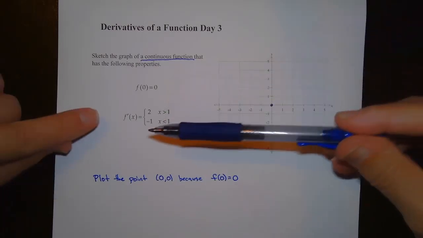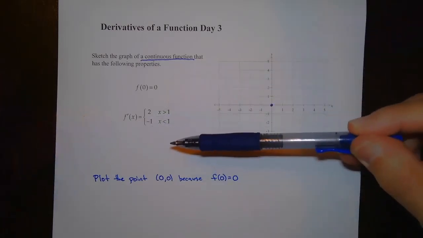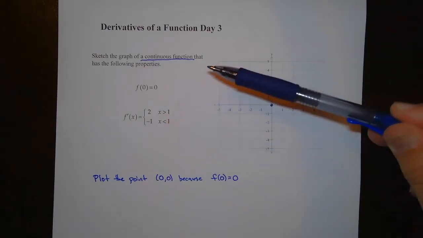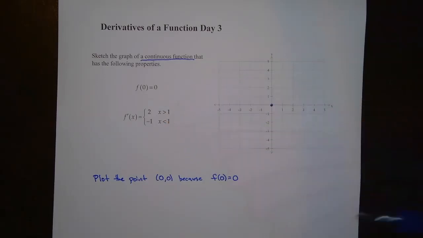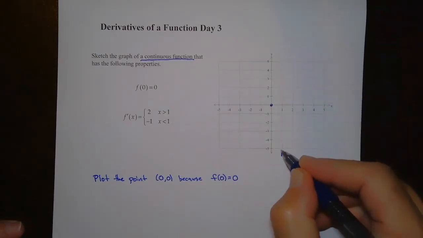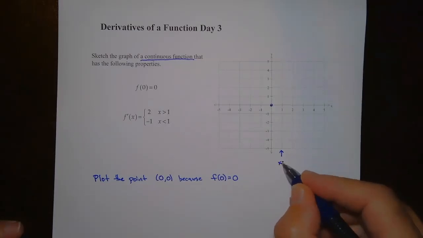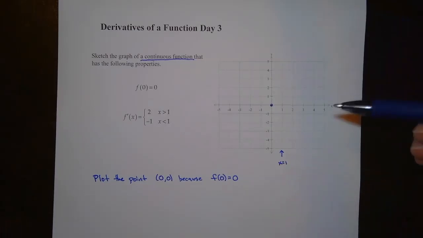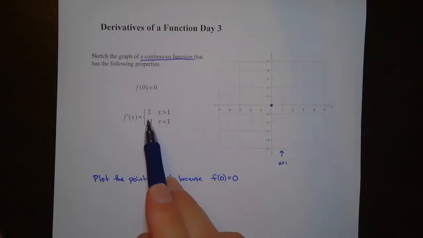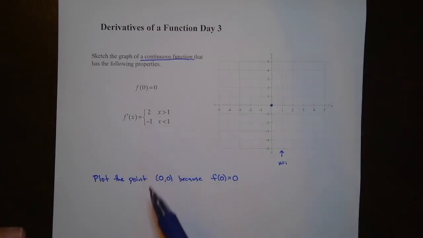Okay, now what this is telling me right here is that the slope for our function is always going to be 2 when x is greater than 1. So right here is x equals 1, that's on the graph, x equals 1. And what I know about that, to the right of whatever point's on here, okay, my slope is going to have to be 2, okay?